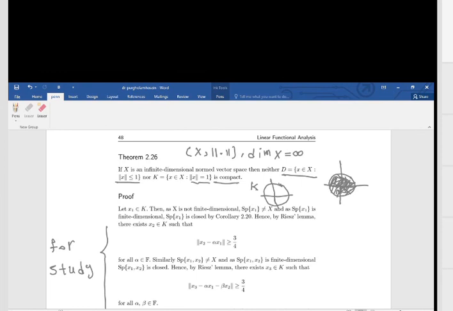They are not compact in an infinite dimensional normed space, but they are compact in a finite dimensional normed space because they are closed, and so they are complete. But in an infinite dimensional normed space, they are not compact. The proof is for your study.